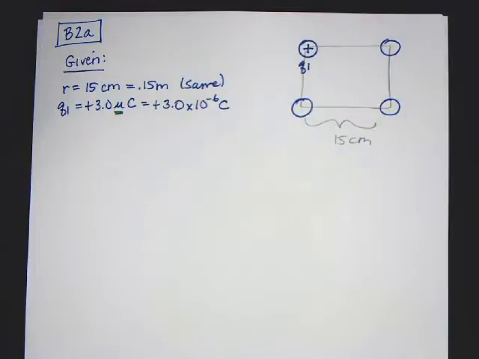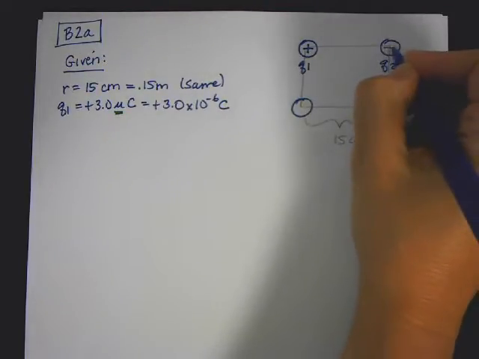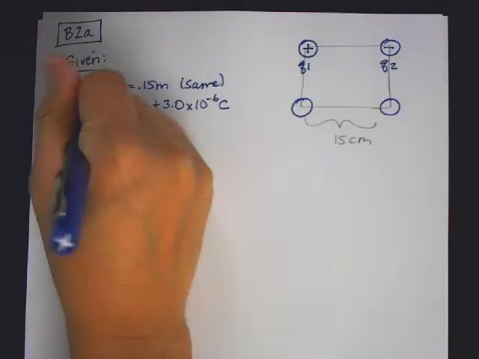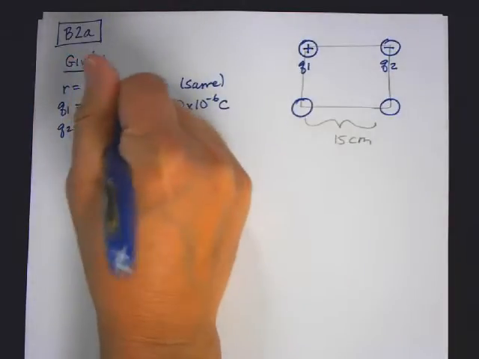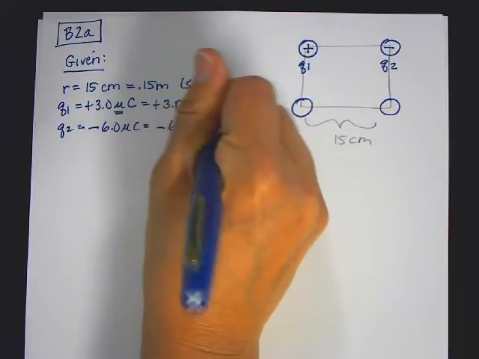Then Q2, the charge in the upper right corner, is minus 6. So this one I'm going to call Q2. This is negative. So Q2 is equal to negative 6.0 microcoulombs, which is negative 6.0 times 10 to the negative 6 coulombs.